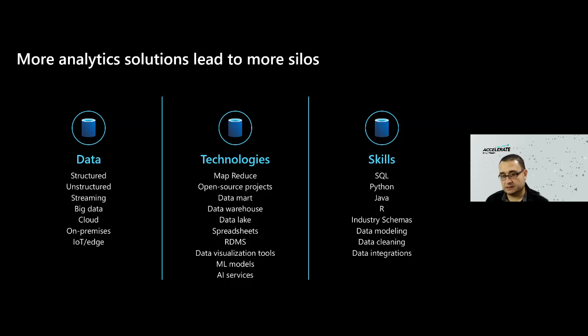Now there has to be a new approach where all of this is unified, and this is where the new approach by Microsoft with Azure Synapse comes into play: how to bring all of that together and eliminate these silos from these different use cases and workloads.